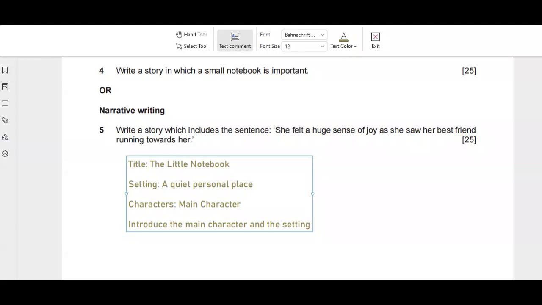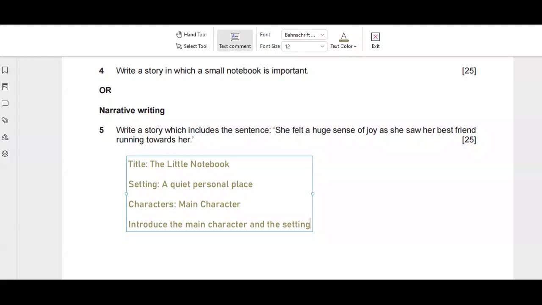Then in the middle, the main part of your body, you're going to talk about how the complication, the discovery, leads you to something. Like the character opens, I opened the notebook and found something very surprising. It could be old letters, drawings, some sort of secrets, or even some sort of advice.